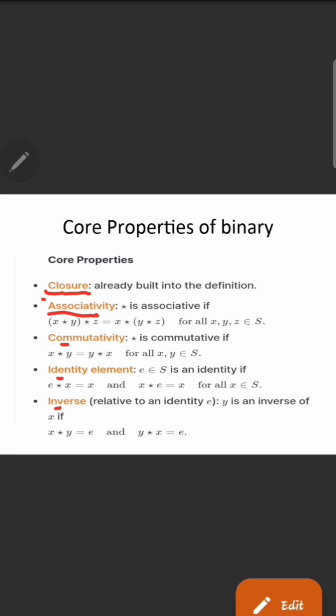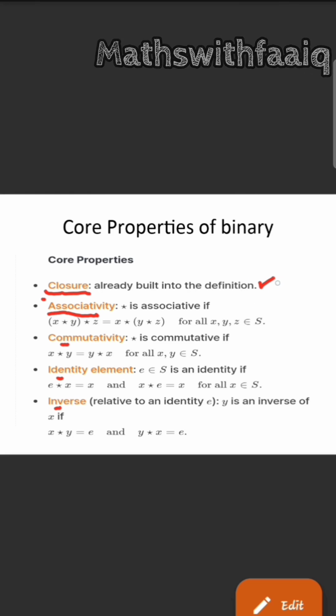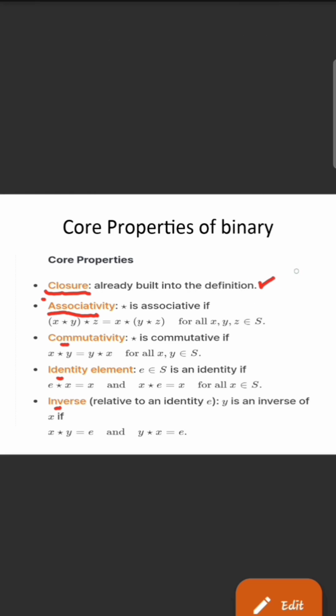Closure means that when you are given an operation, the answer you get after performing the operation on those elements must also be an element of the particular set you are given. We are going to understand that better when we move to the next slide. But let me move to the associative part. I'm going to explain this in other slides, but I want you to have a glimpse of what you are going to meet there.